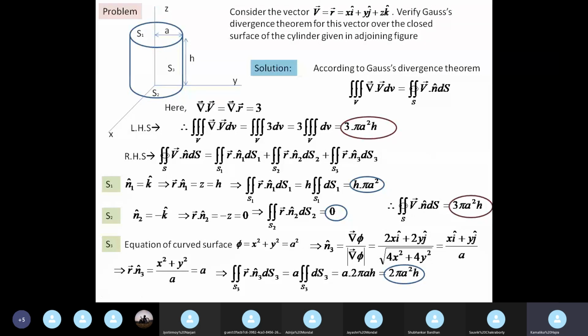Now this problem gives you several things. First of all, you get to know what kind of problems you get from the divergence theorem. Secondly, this is another exercise in surface integral, another exercise in volume integral too. Thirdly, it shows you how using Gauss's divergence theorem you can simplify your problem.